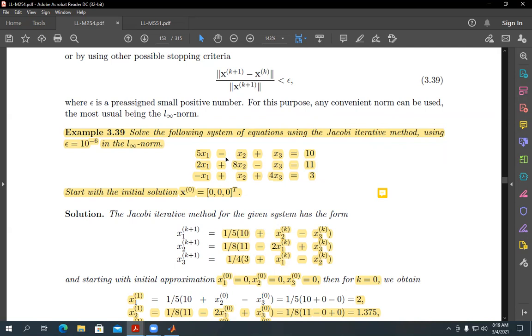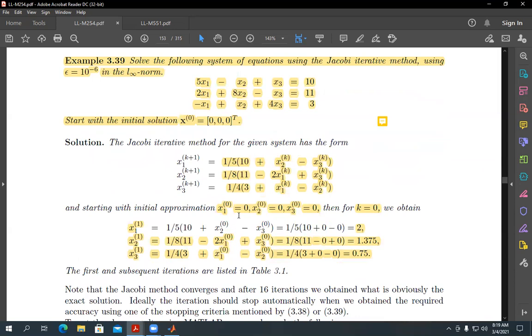You remember we solved this example with accuracy 10 to the minus 6. How many iterations did we take? 16 iterations, which is slow. We make a small change in the Jacobi method to make it faster.